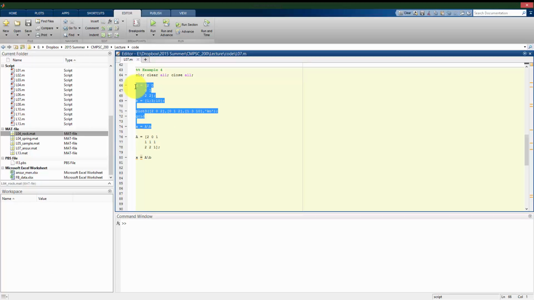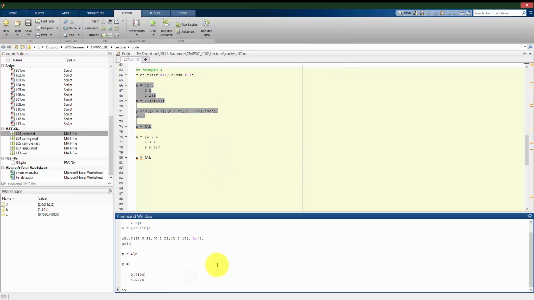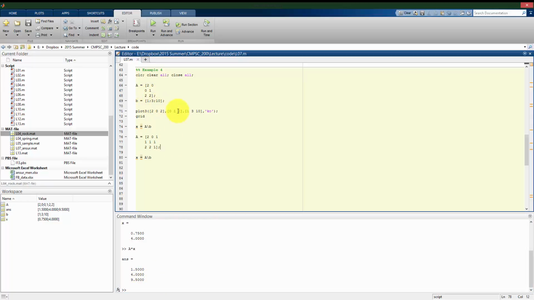So I'll go back to the first method where I found this value of x. If I do A times x, that was my estimate to the values of B. And we see that with the first x, where I just use the coefficients 0.75 and 4, that A times x gives me 1.5, 4, and 9.5. But if I remember, looking at B, our B observations were 1, 3, and 10.